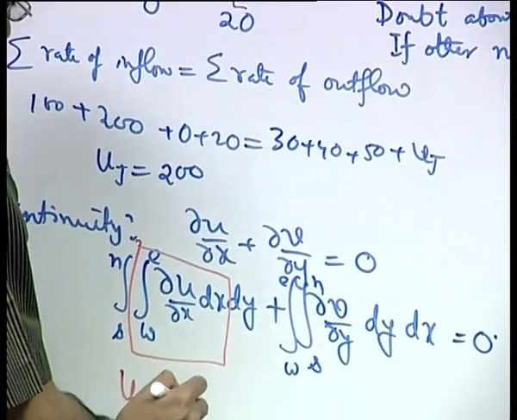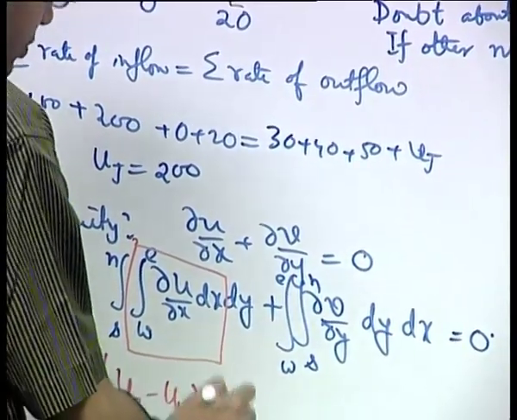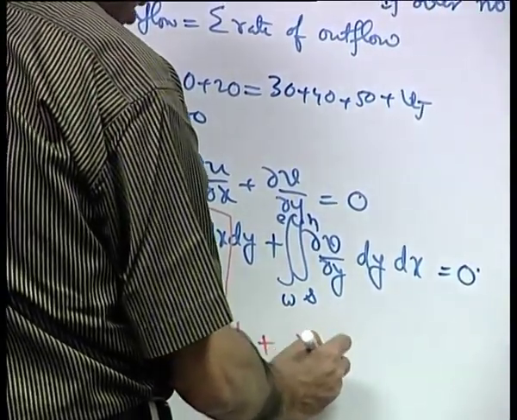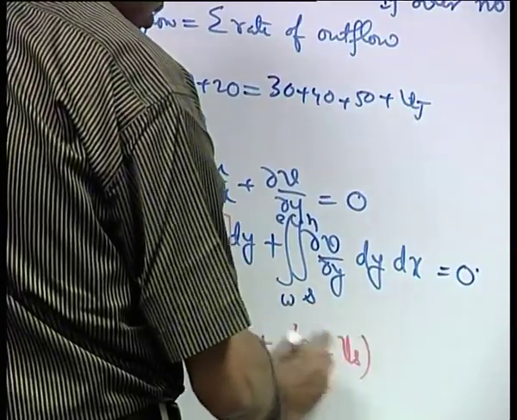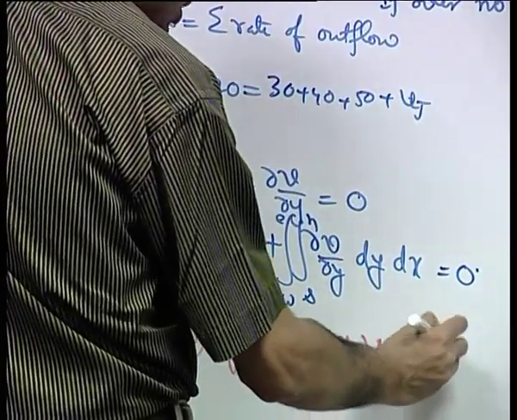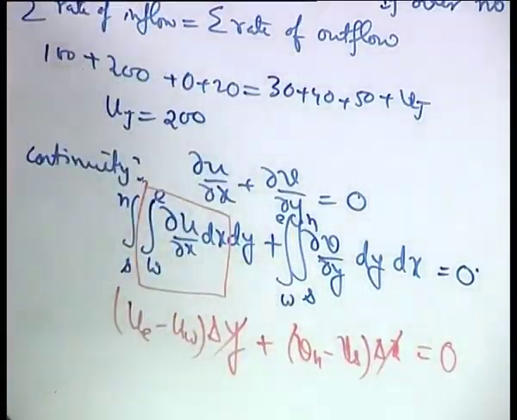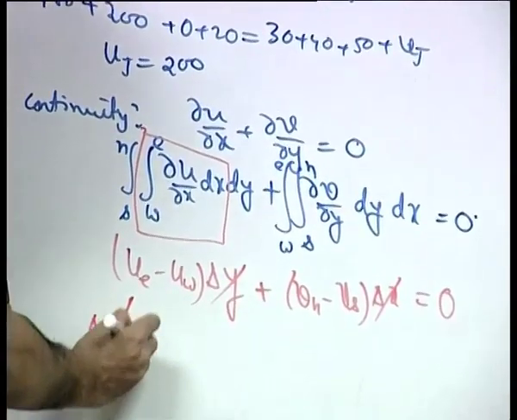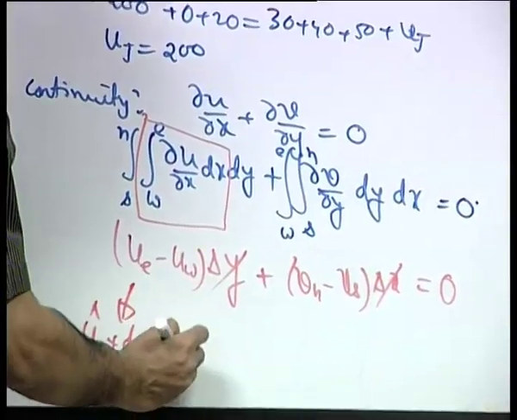So, ue minus uw into delta y plus vn minus vs into delta x equal to 0, and delta x and delta y are equal. In place of ue you write ue hat plus de into pP minus pE.